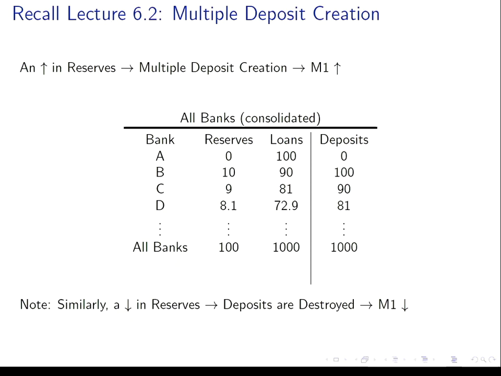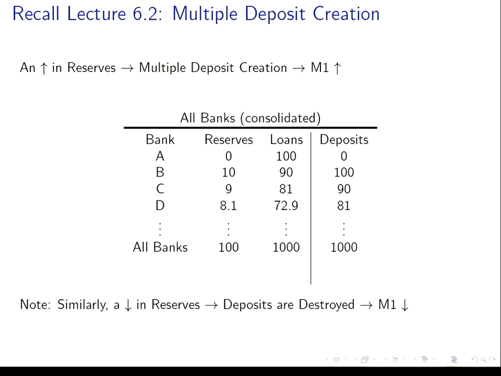So reserves do increase, but they don't undergo multiple expansion. It's basically what we started with, a $100 increase in reserves. It's just that these reserves are going to different banks. Initially, it was with Bank A, then it was with Bank B, then it was with Bank C, and so on and so forth.